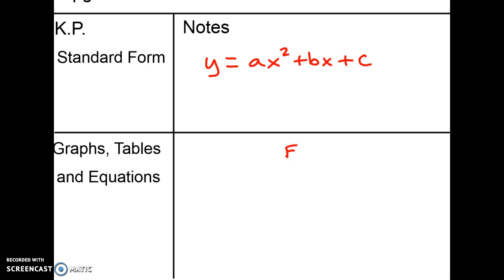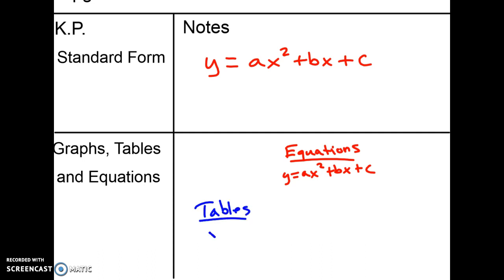Just to review, there's three different things that we're going to be talking about. We have equations, which is generally ax squared plus bx plus c. We're also going to be talking about tables, called t-charts, where you have x and y and you fill those in.